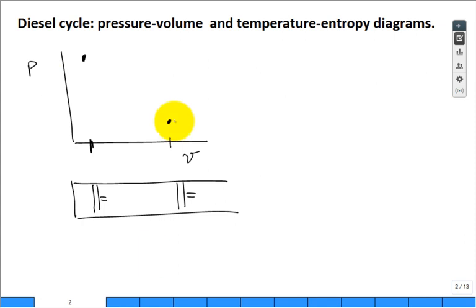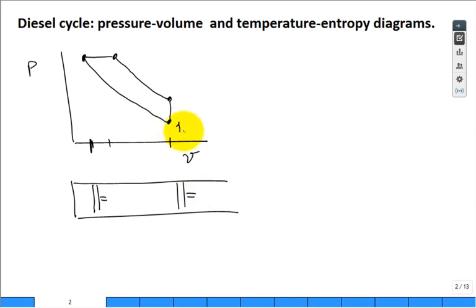Here, after the compression stroke, the piston would move back to a distance maybe about here, undergoing a constant pressure combustion process. That's the assumption or modeling approximation in the diesel cycle. And then it finishes with an expansion back to bottom dead center and then completes the cycle.